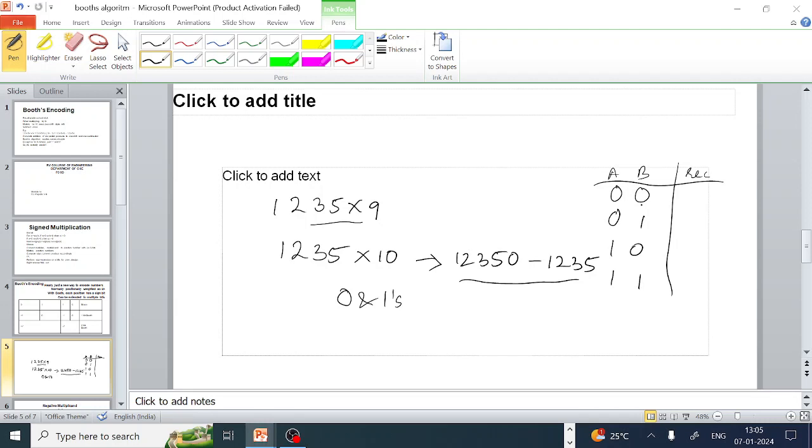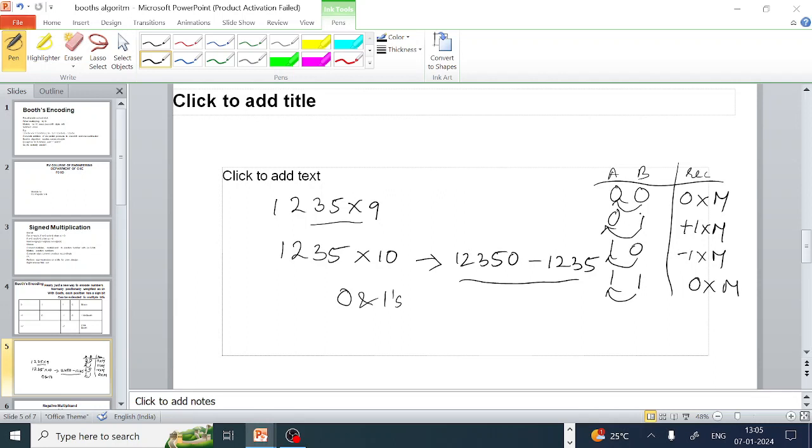When you're recoding from 0 to 0, it is 0 into m. From 1 to 0, it is plus 1 into m. From 0 to 1, it is minus 1 into m, and 1 to 1 is 0 into m.